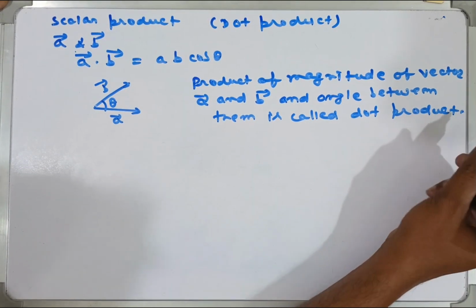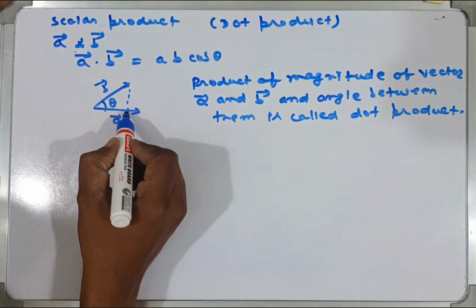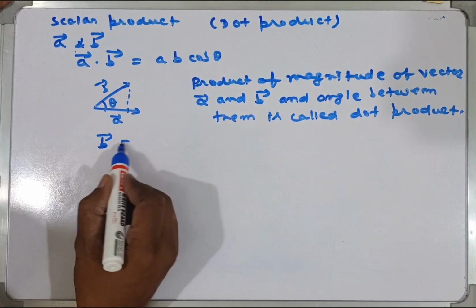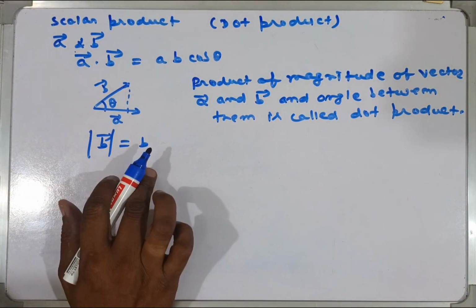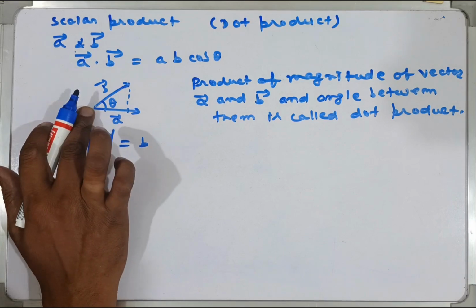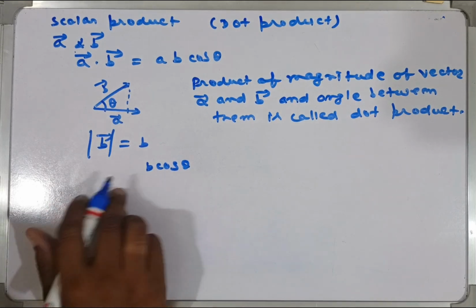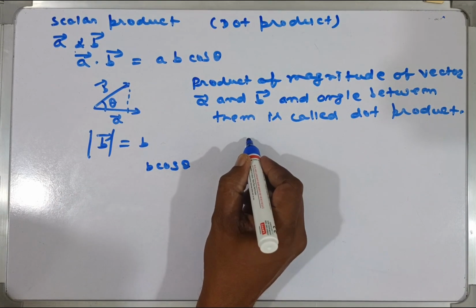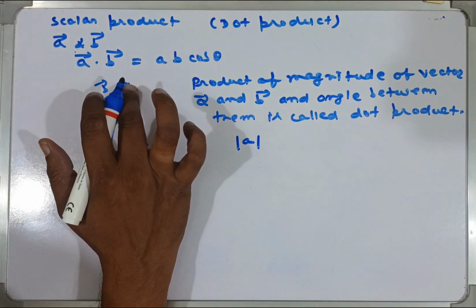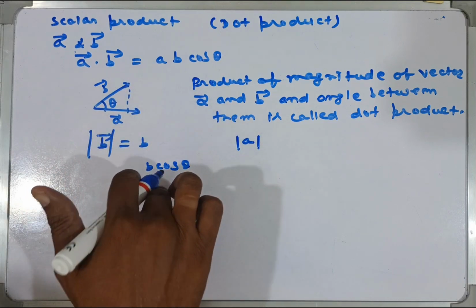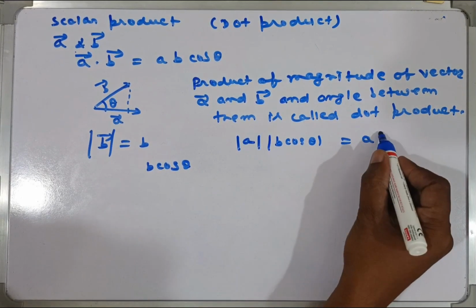Or another thing you can also say, if we draw like this, b has a magnitude b, so the projection of vector b on vector a is equal to b cos theta. So if we multiply the magnitude of vector a and the projection of vector b on vector a, then you will get the dot product.